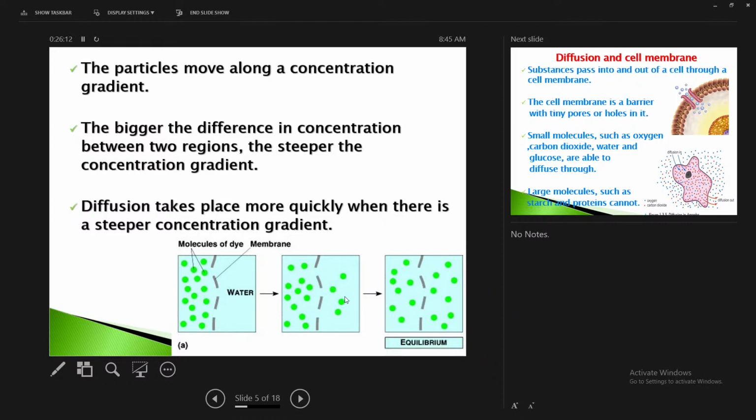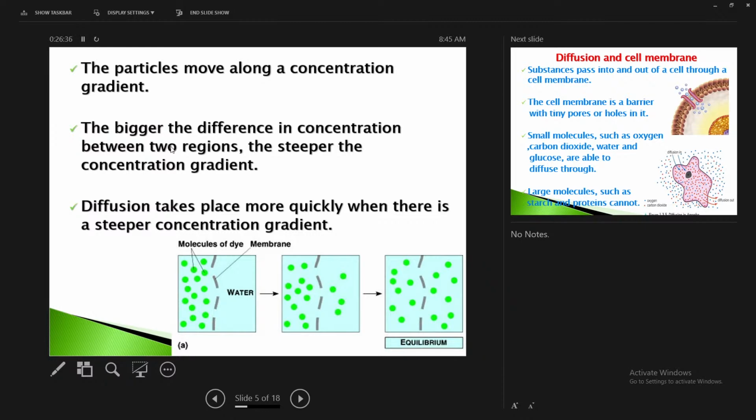So the more imbalance the substance is, where most of it is on one side and you have a small amount on the other side, the larger the difference, and the greater or steeper the concentration gradient.